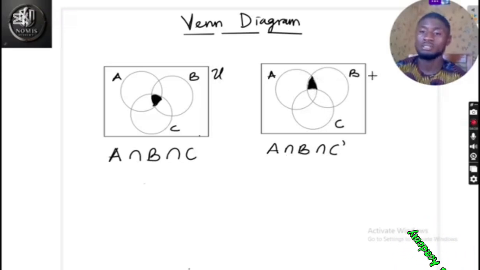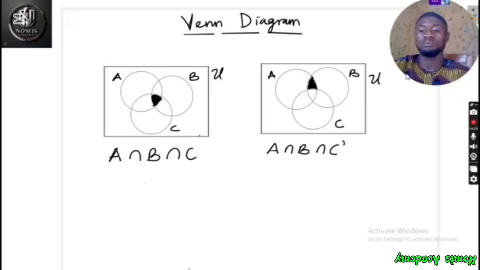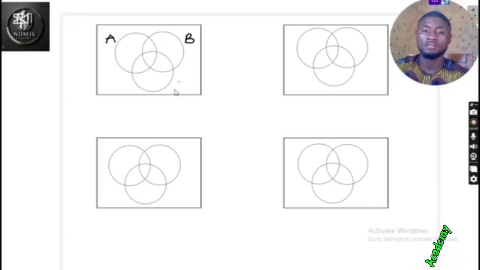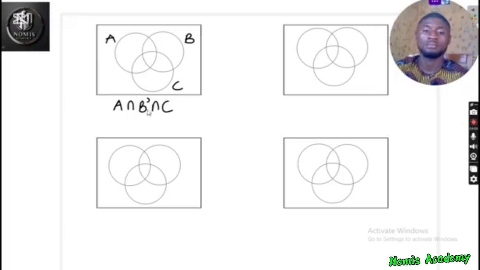Remember that this is our universal set. So let's move on to the next one. Let's take this to be set A, set B, and set C. What do I want to show here? I want to show A intersect B complement intersect C. This time, the complement is on set B, which means set B should not be included.